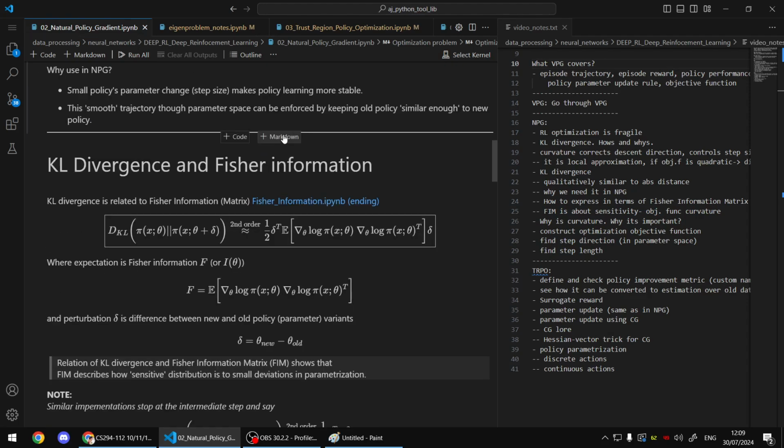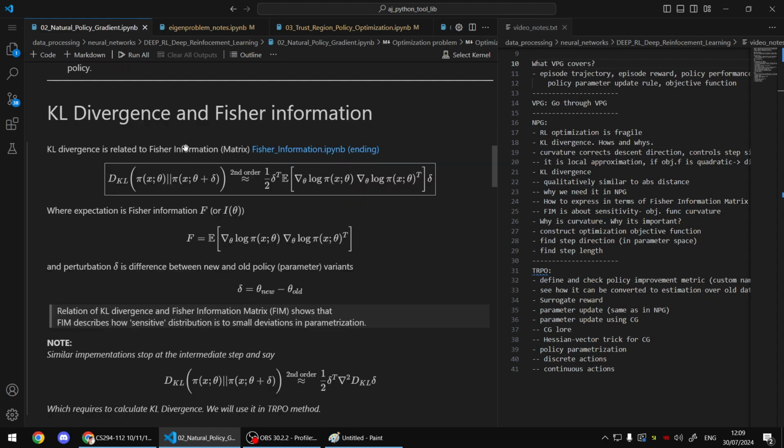We didn't know how to calculate it directly, so we derived an alternative definition, at least an approximation to the second order, using a Fisher information matrix, where we measured the KL divergence between an initial or old policy and this policy with its parameters perturbed by some offset in parameter space.